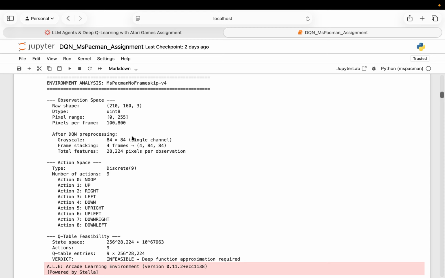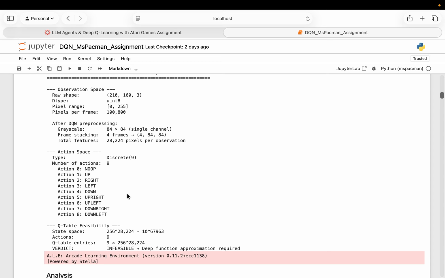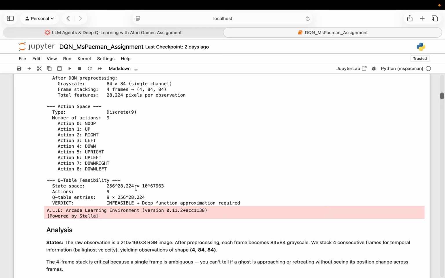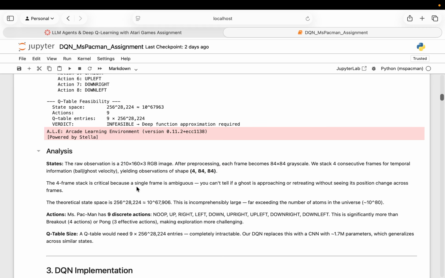The 9 actions are no-op, up, down, left, right, and 4 diagonals. The state space is 256 to the power of 28,000, way too large for a Q table. That is why we use a deep neural network with 1.7 million parameters to approximate the Q function. And here is the explanation of the states and the actions and the Q table size.